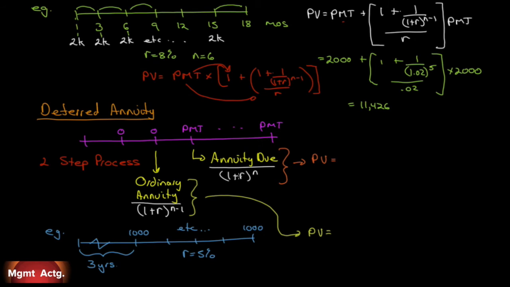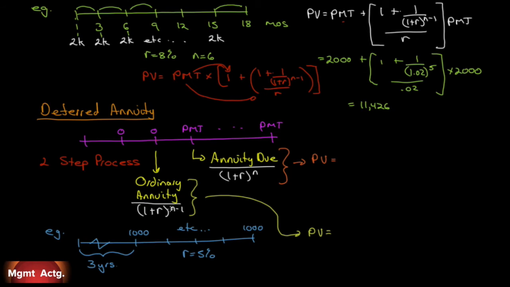So we would discount it by 1 plus R. So if our deferred annuity was deferred for 3 years, we would calculate it as an annuity due discounted by 1 plus R to the 3. If we calculated it here as an ordinary annuity, on the other hand, then we only have to bring it back 2 periods. It would be 1 plus R to the n minus 1.